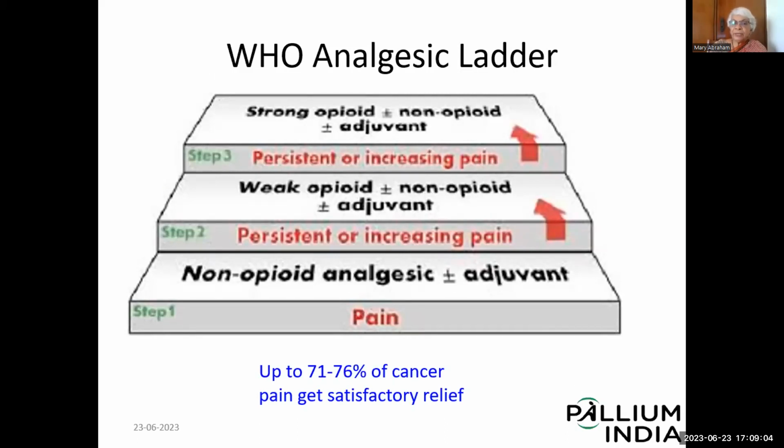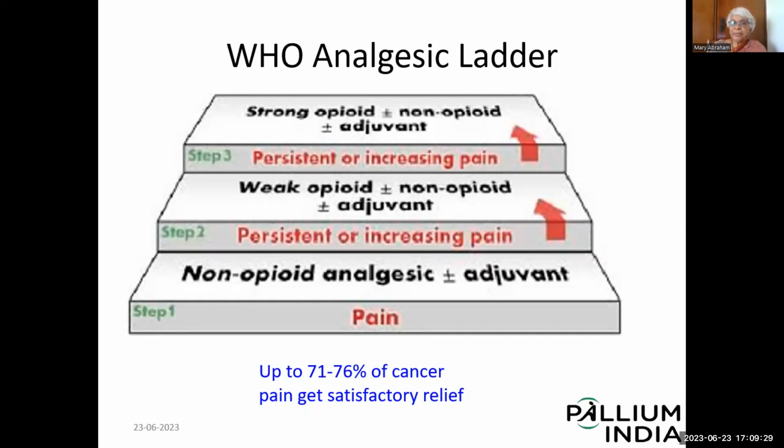If the patient is not getting relief with step 1 drugs, then you move up to step 2, which is used for treating moderate pain, or pain with an NRS score of, say, 5 to 7. In this, you just add a weak opioid to the non-opioid already being given.